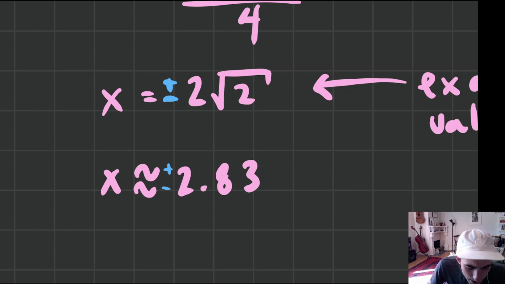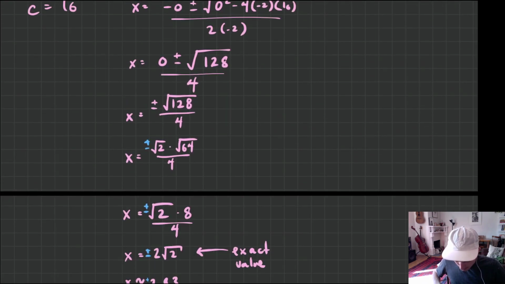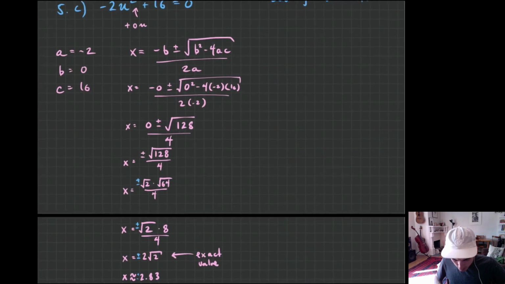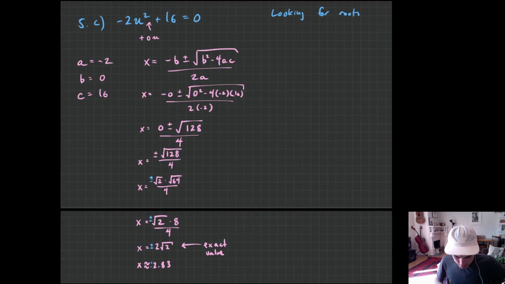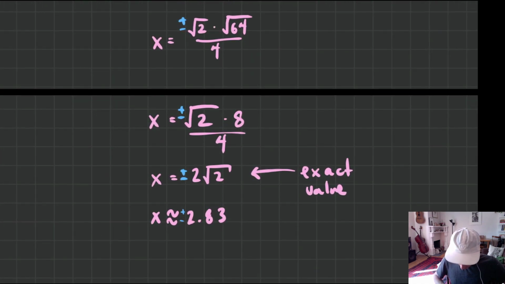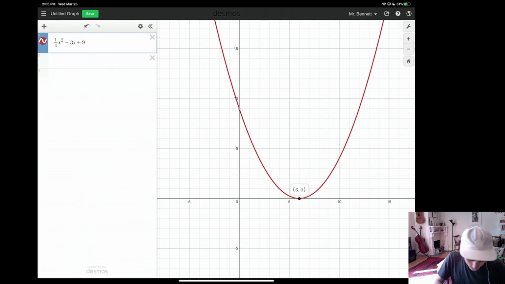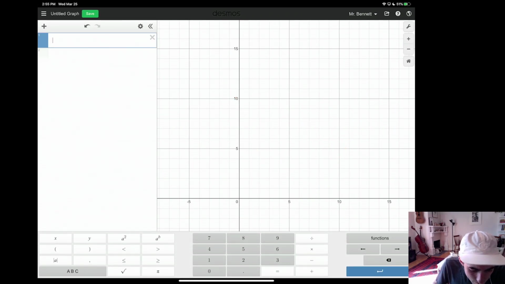Okay, so let's take a look at the graph, and after that, I'm going to show you the other way, because I told you that we'll solve this in two different ways. So let's take a look at this graph and just make sure that we're on the right track, that we got 2.83. So the graph was 5C?